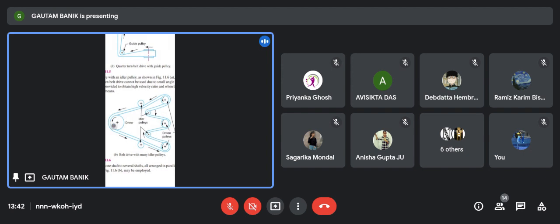That is a belt drive with many idler pulleys or guide pulleys fitted, and you can attach several driven shaft followers. You can operate this belt drive. This is the belt drive.